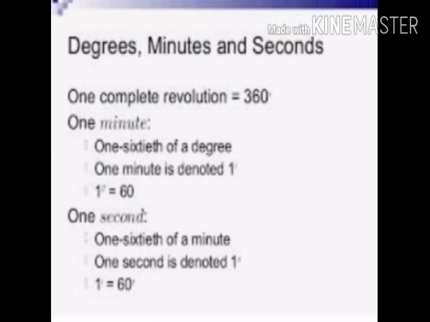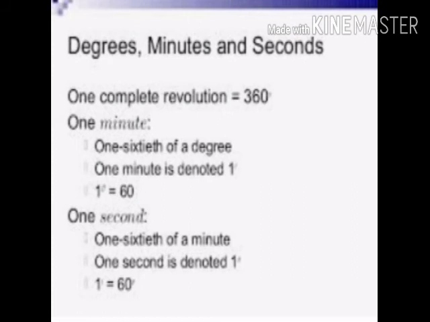Now again, what is 1 minute? 1 minute equal to 60 seconds. So here we can define 1 degree equal to 60 minutes, and 1 minute equal to 60 seconds.